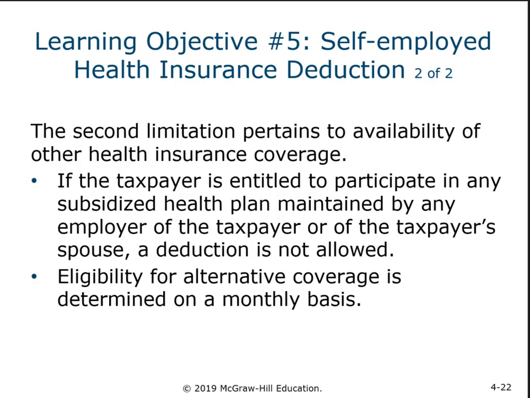You would not be eligible the months the spouse worked, and eligible the months that they didn't work, because then you wouldn't have access to the coverage. And then you would only be able to deduct for the months that you paid in that you were eligible. All right.